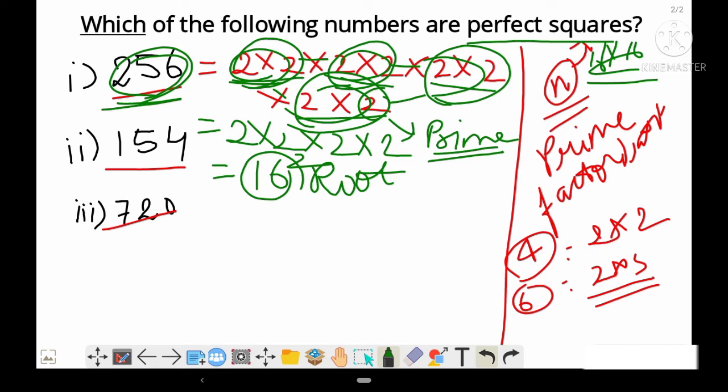And now for example 154 is the next number. So now let's see this. What is the difference you will see? I am not rubbing this part. Instead of rubbing, I am writing here so that you can observe it clearly. Let me write its prime factorization, that is 2 into 7 into 11.